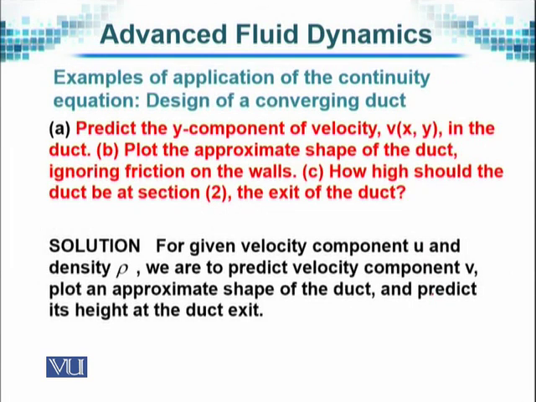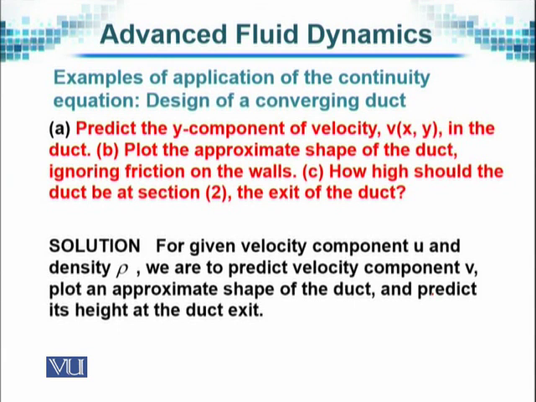What we want to know is, we want to be able to predict the y component of the velocity v that depends on x and y in the duct. We want to plot the approximate shape of the duct, ignoring the friction on the walls, and how high the duct should be at section 2, that is at the exit of the duct.